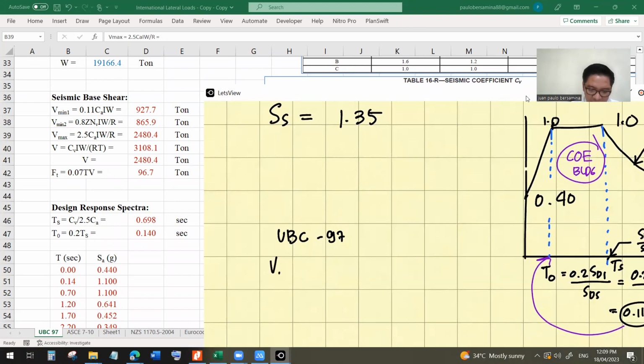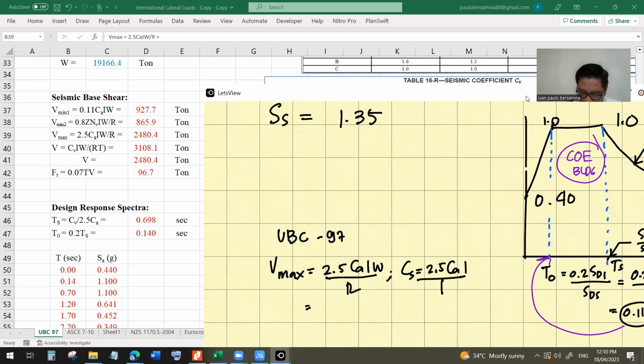So, Vmax is equal to 2.5 CAIW over R. Or C sub S niya is 2.5 CAI over R. Yan yung nag-govern ng coefficient.